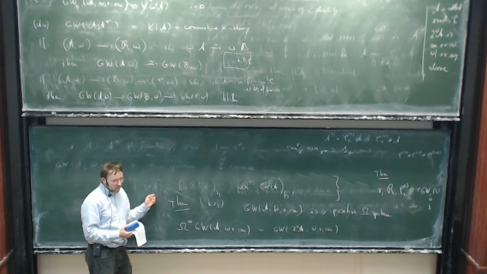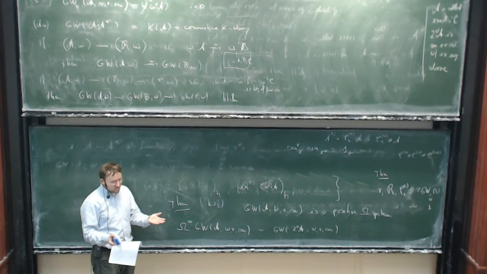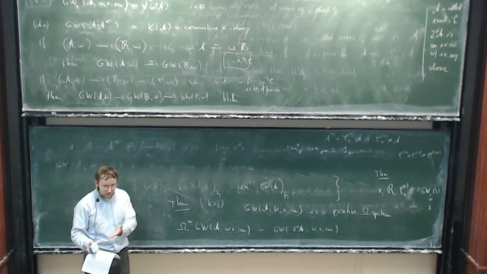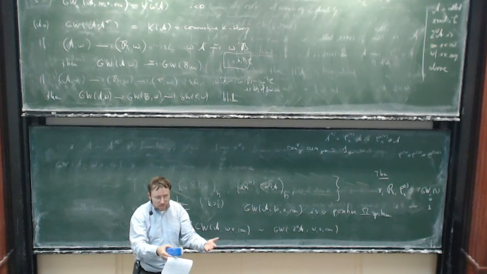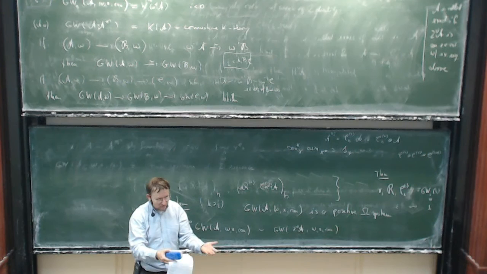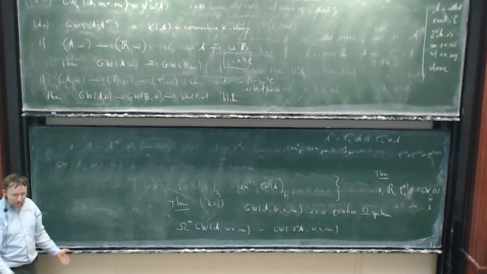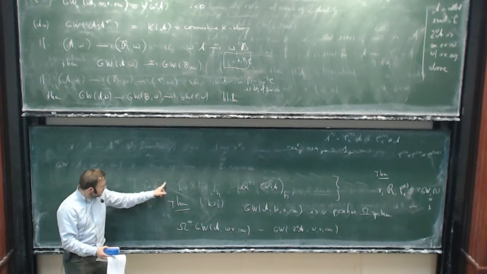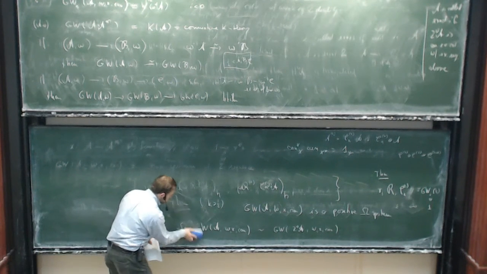The way it's set up, if you have a DG category, you have a natural map from GW of A smash GW of some second category to the GW of the tensor product of the DG categories. There's another reason why we take DG categories, because it makes sense to take tensor products of DG categories. And it's associative, so you can get products easily out of all of that. That forces us to have a space like that here. So there's no reasonable condition on A where you get rid of positive. No.